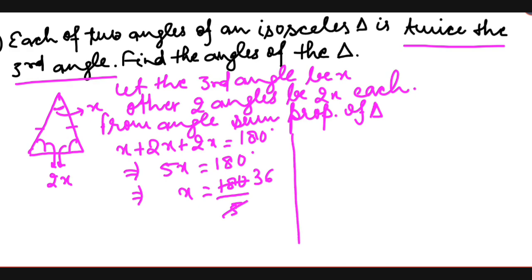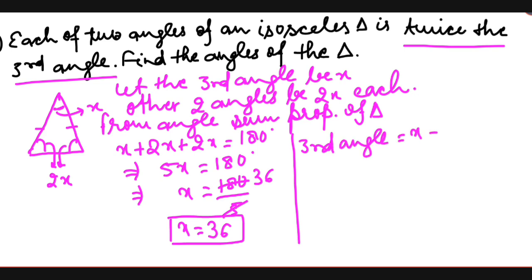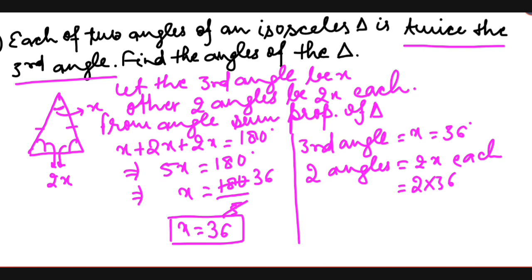Therefore, now we have got x equals 36. Now the third angle, we have considered x equal to 36 degree, and the other two angles are 2x each, which is 2 multiplied by 36 degree each, which is equal to 72 degree each.